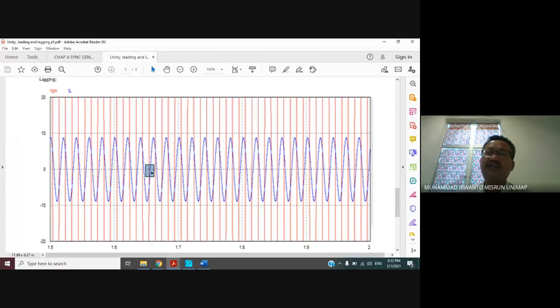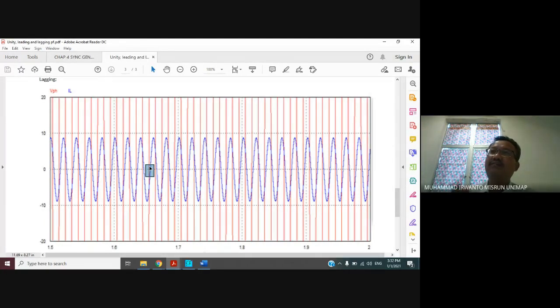Or we can say that the current waveform lags the voltage, the red line, by how many degrees. For example, when you observe using PSIM, you can click the PF button below this waveform.